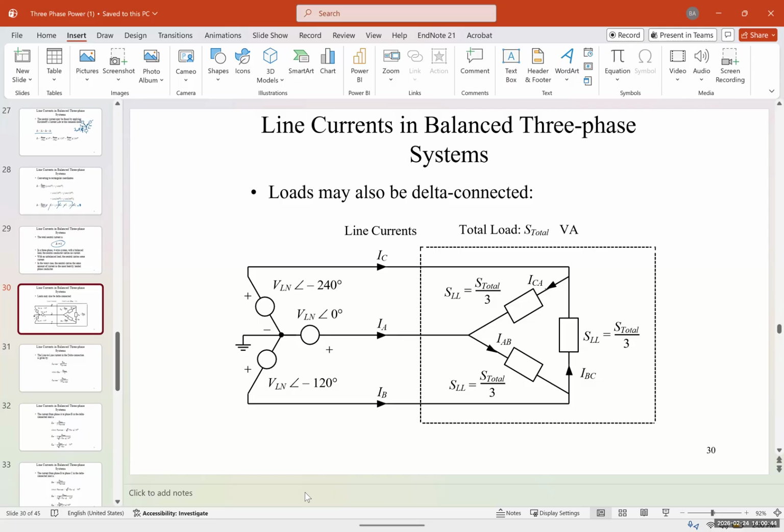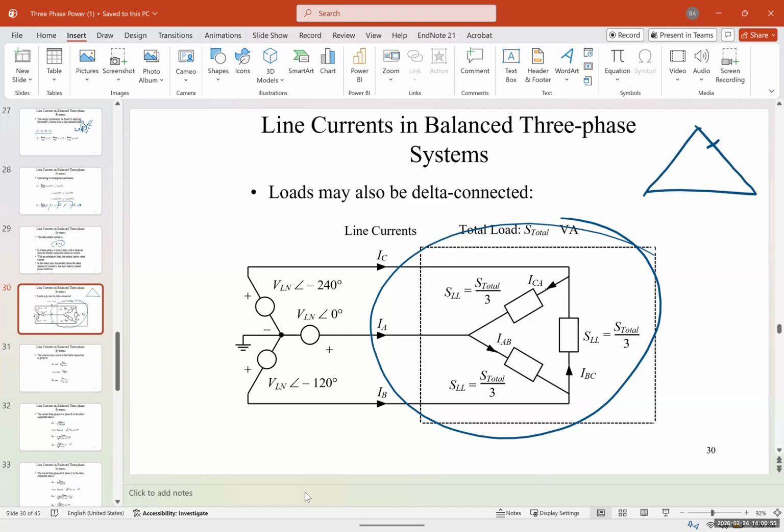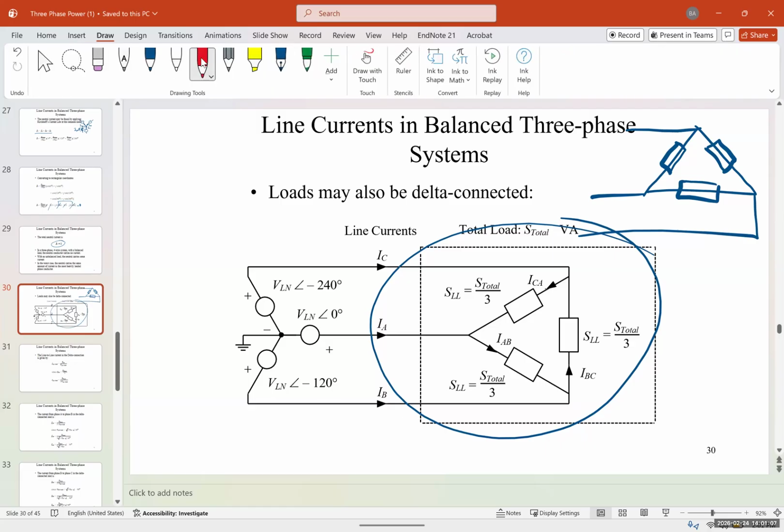Another type of connection is called a delta connection. It's mainly used in loads. A delta connection, as mentioned, is connected like a delta triangle. You have the loads, or each phase, on each arm. Now, in a delta connection, it's the exact opposite of a Y connection.